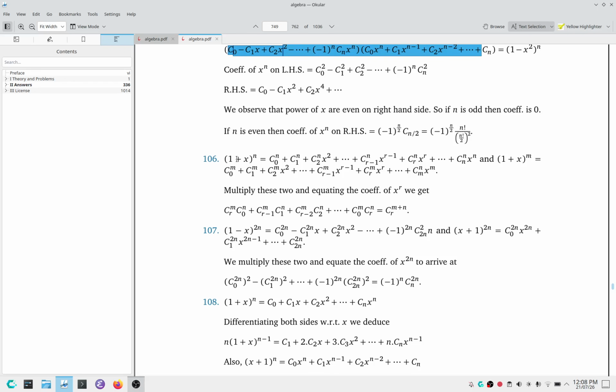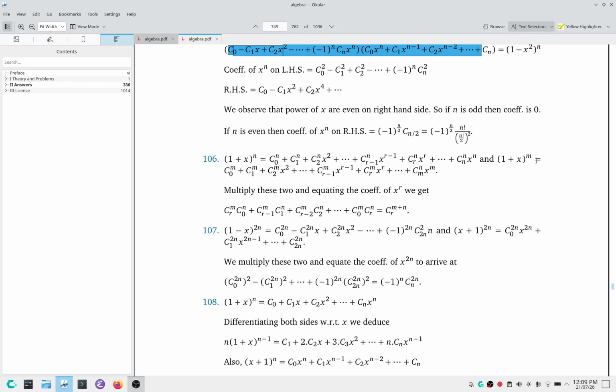So we have (1 + x)^n is equal to nC0 + nC1 x + nC2 x^2, and so on up to nCn x^n. The middle terms are written something like nC(r-1) x^(r-1) + nCr x^r.